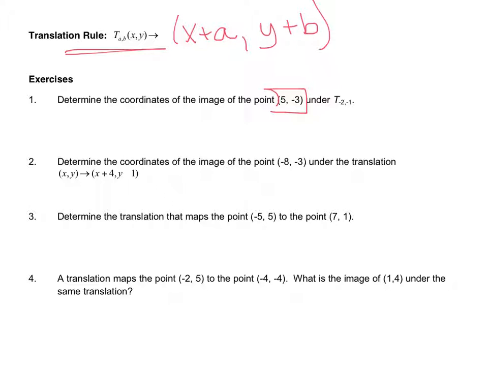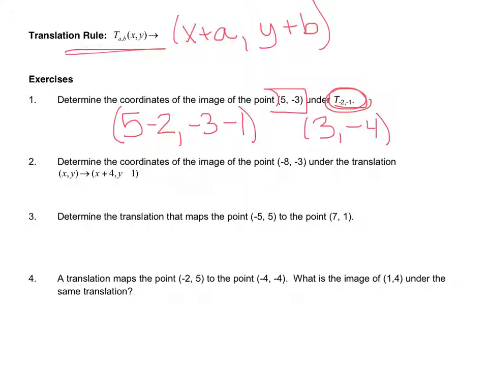So when you do that, you're just going to take that point 5, -3, our x value is 5, and I'm going to subtract 2 from our x value, and I'm going to subtract 1 from our y value because that's what this is telling me. So that means that the image of that point would be 3, -4.